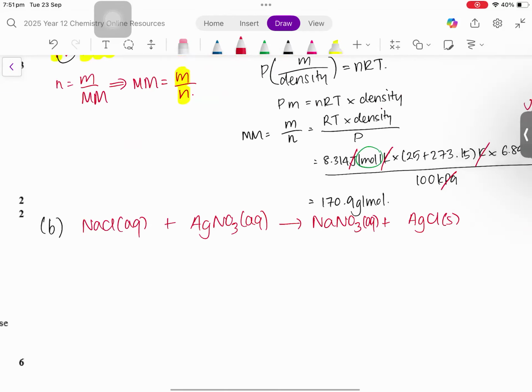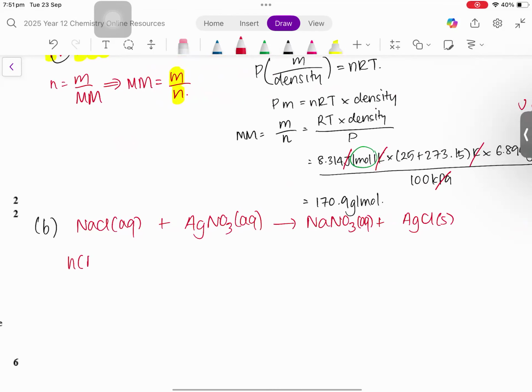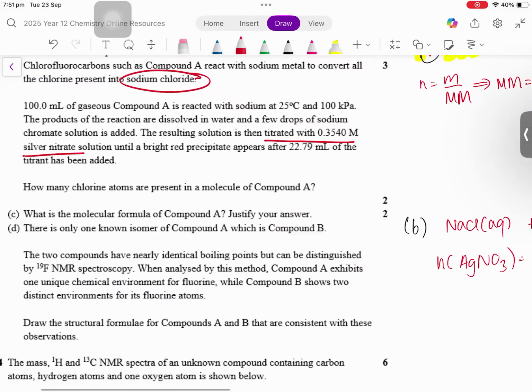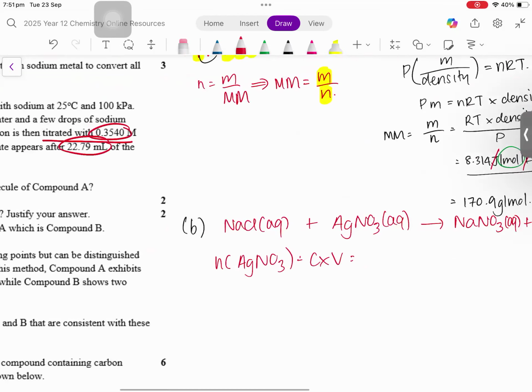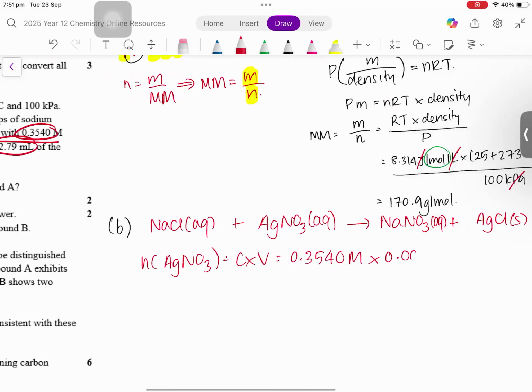Which means I should start with my silver nitrate. So moles of AgNO3 is C times V. 0.3540 molar times 0.02279 liters.